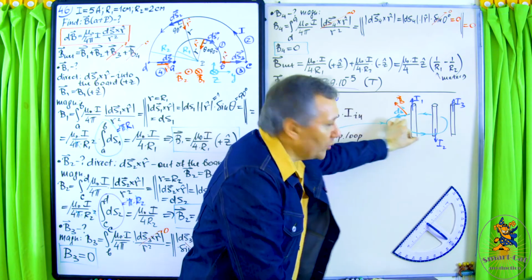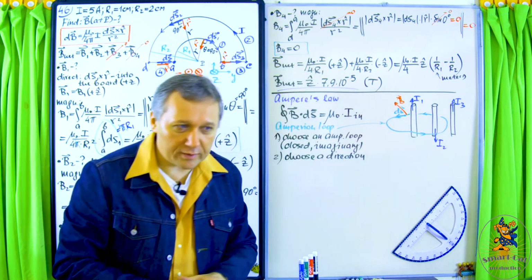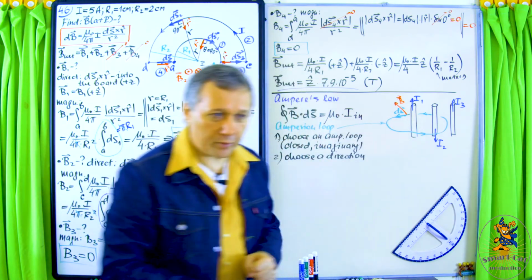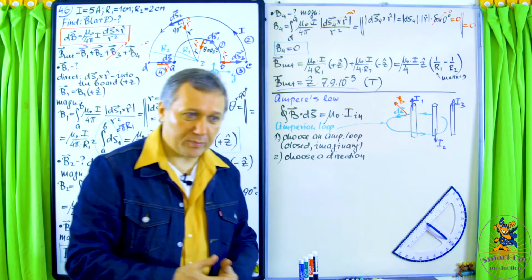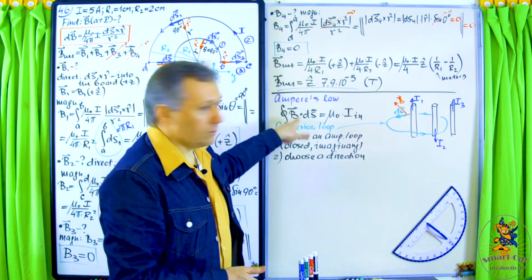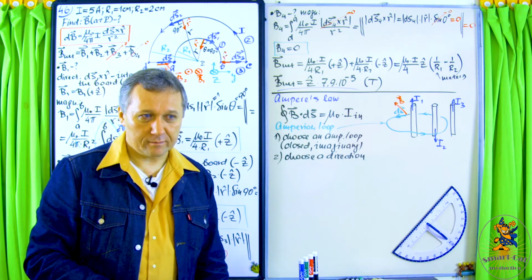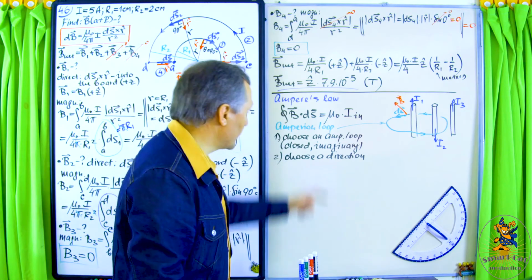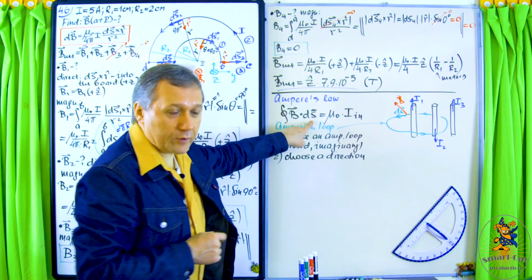You keep moving around this loop, adding these small B dot ds's until you get back to the original point, completing the loop. And when you finish adding all these small B dot ds's, that's the meaning of the integral over a line, over this closed loop. All right. But of course, every time you need to pick a direction.